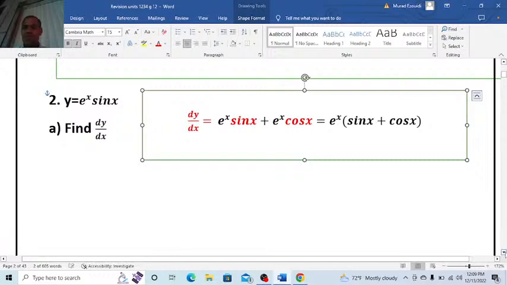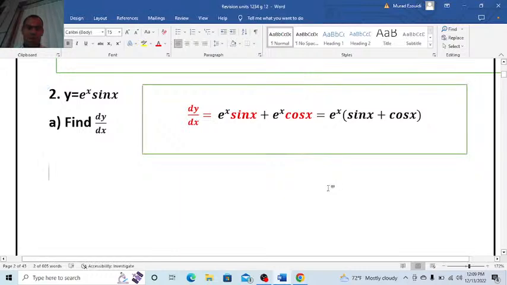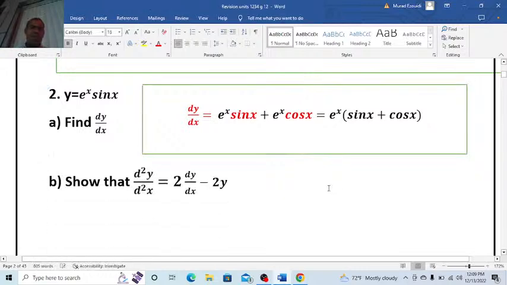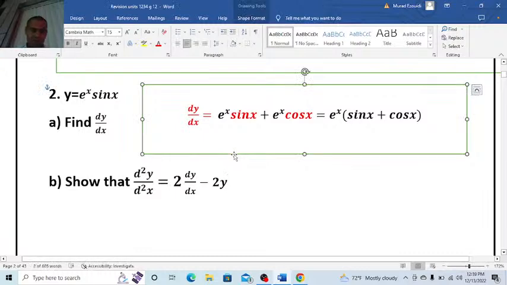We have what for the sub question? I will see if we have a sub question. Okay, now prove that the second derivative of the function y with respect to x is 2 dy with respect to x minus 2y. Therefore, this is my function, and I differentiated it before.